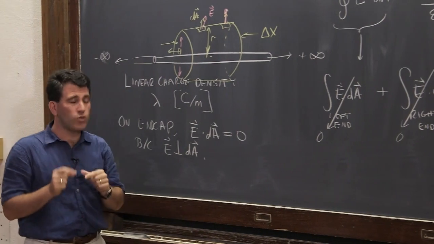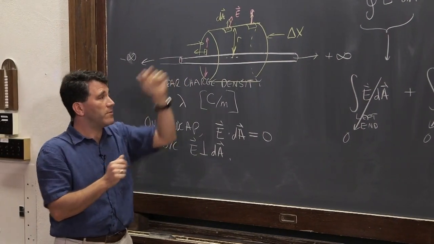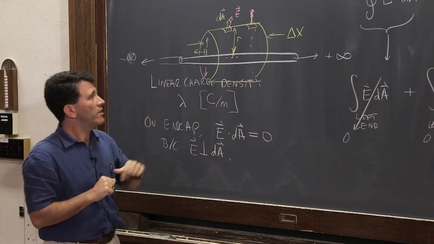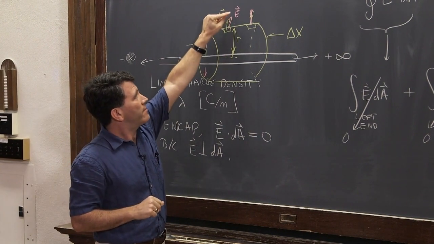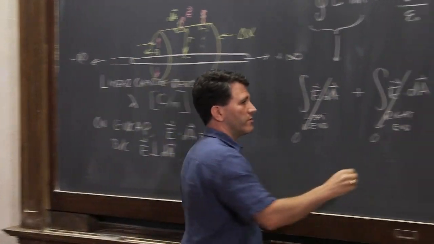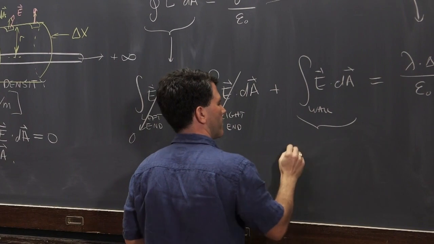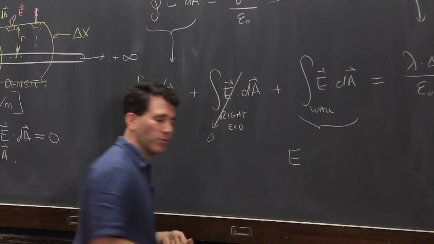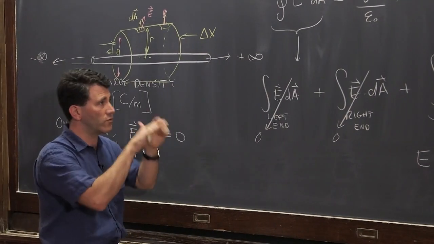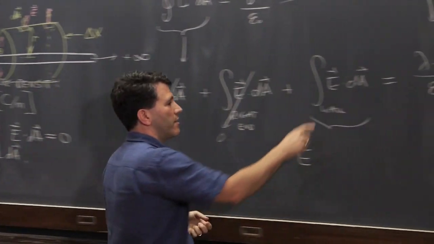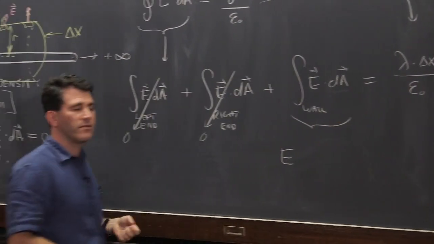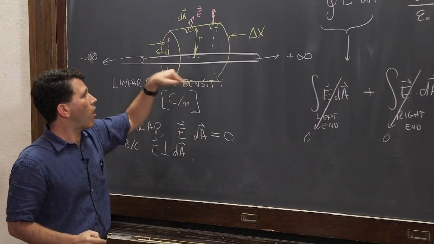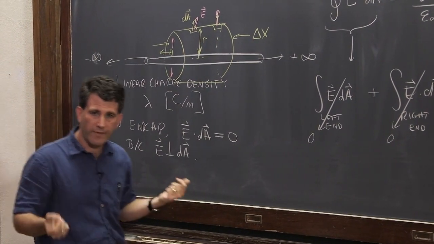And again, the surface normal is always going to be in the same direction as the electric field. So what we're going to do is evaluate this integral here. It's going to be the magnitude of the electric field, which we're able to pull out of the integral because it's constant over the whole surface, times the total surface area of the wall of this cylinder. And we all know what that is.